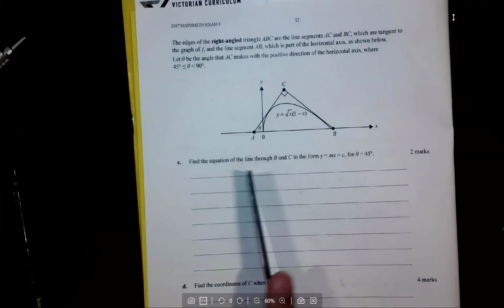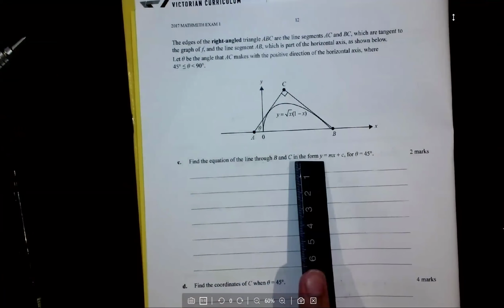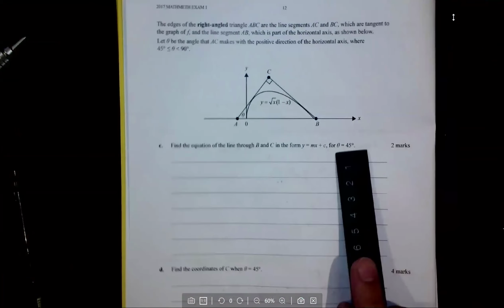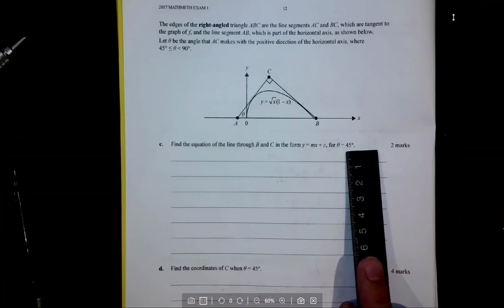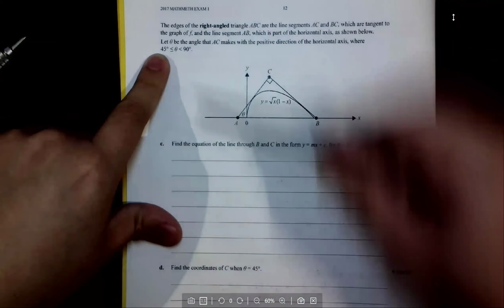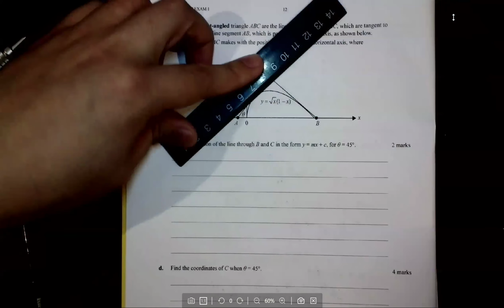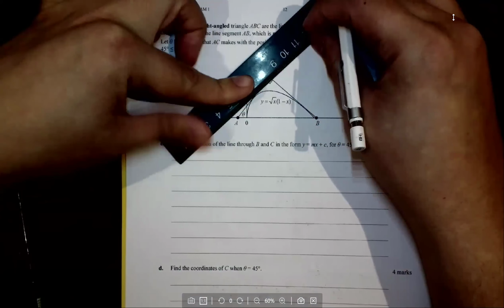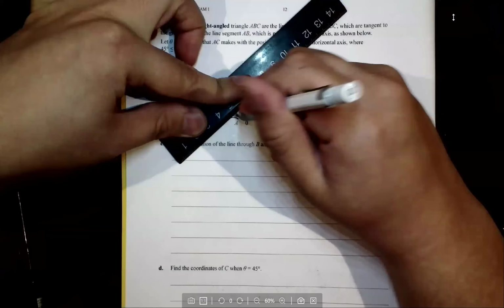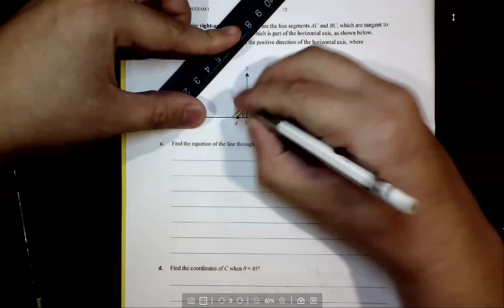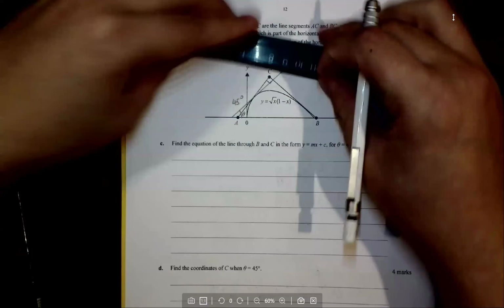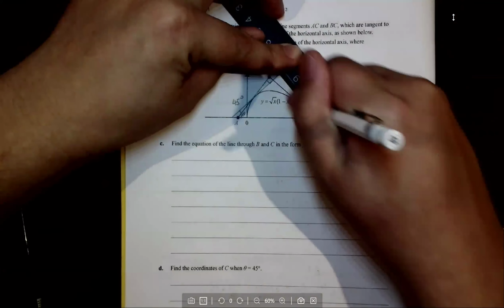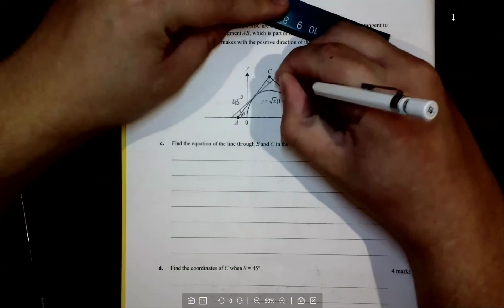Find the equation of the lines through BC in the form y equals mx plus c for theta equals 45 degrees. So technically speaking, if theta equals 45 degrees, I just use my pencil to draw what's happening here. So this is 45 degrees, and then we can get another side of the triangle, but this is still a 90 degrees angle.